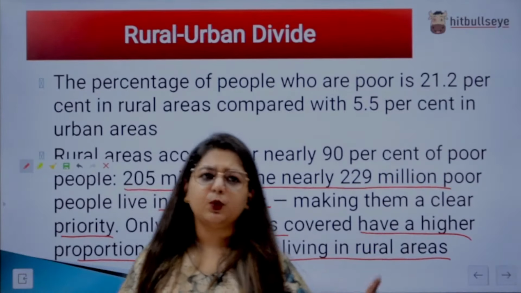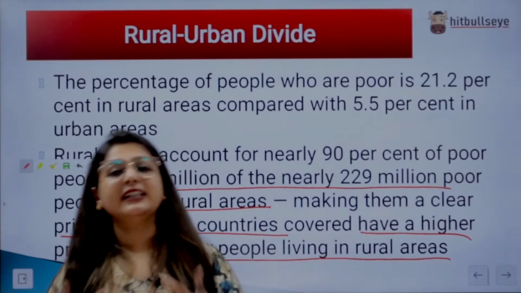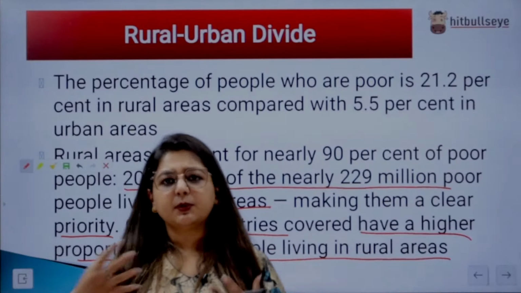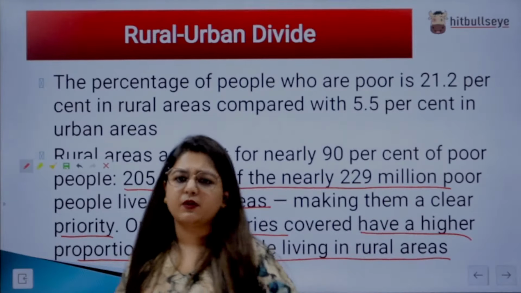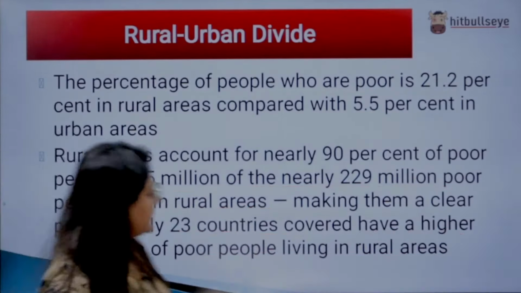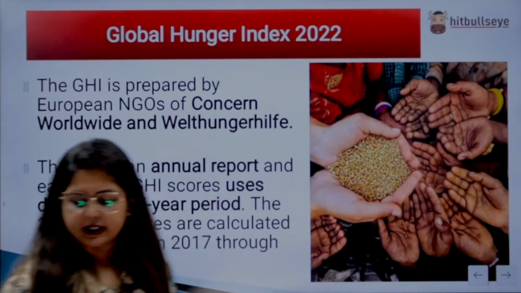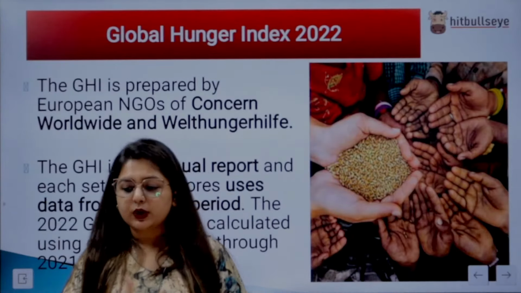If the poor are migrating from rural to urban areas in search of jobs but couldn't get them, this can also be one reason why the urban population is contributing more to poverty than the rural areas, right? So this is one such report on the multidimensional poverty index, which is related to the rural-urban divide.